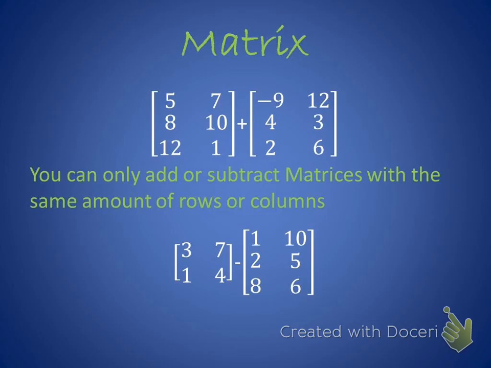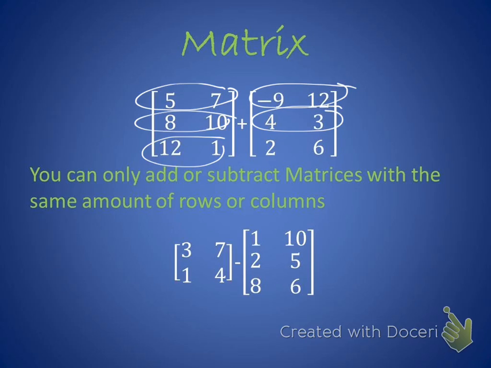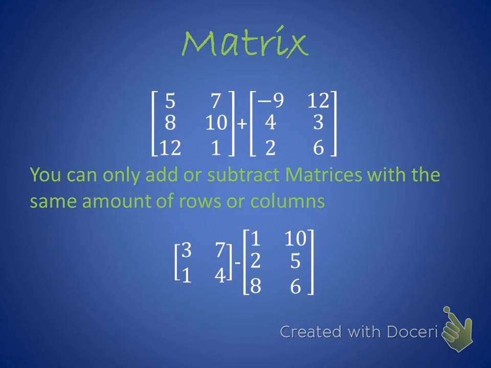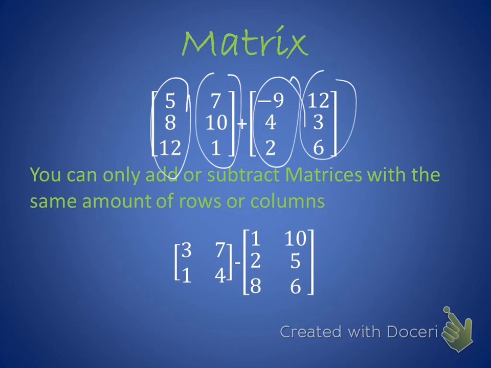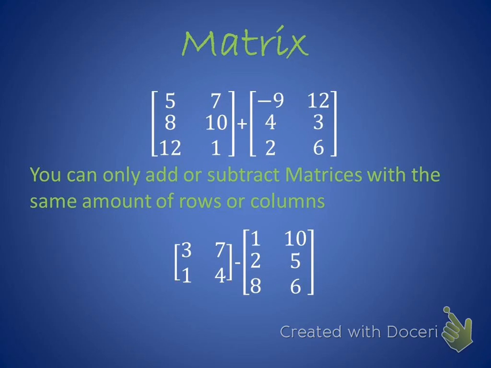I look at my first matrix, and it's got 1, 2, 3 rows. I'm going to check that with my second matrix, to see if it has the same amount of rows. 1, 2, 3. So far, so good. Then I'm going to check the columns. I've got 2 columns here and 2 columns here. So as long as it has the same amount, we can add these together.